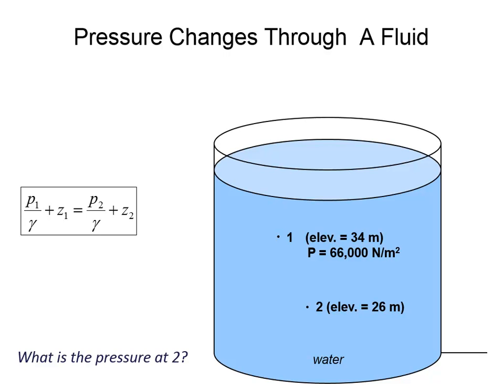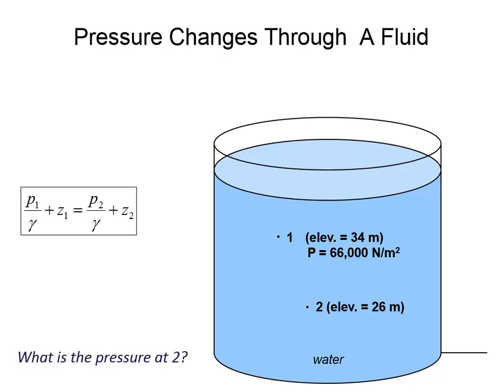Okay, so we can rearrange the hydrostatic equation to solve for P2. That is P1 divided by gamma plus Z1 minus Z2, and all of that multiplied by gamma.